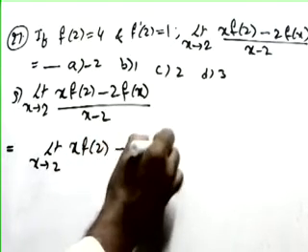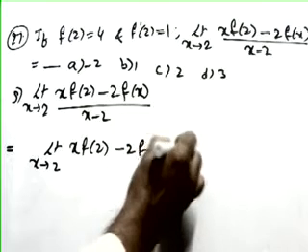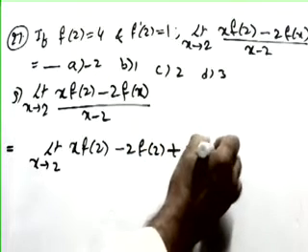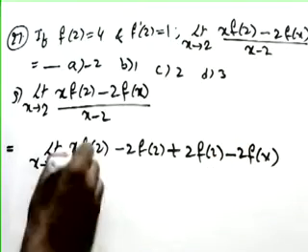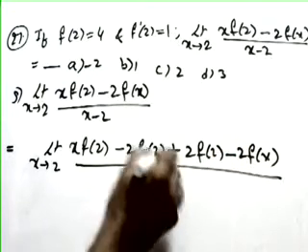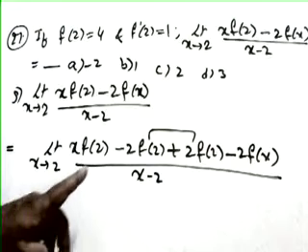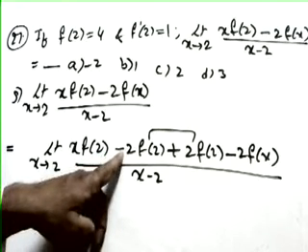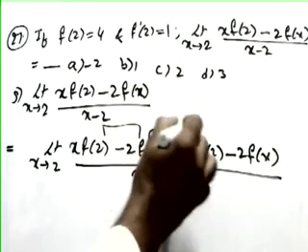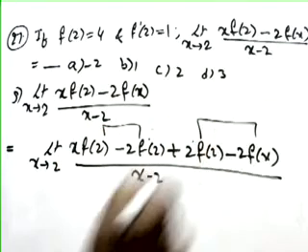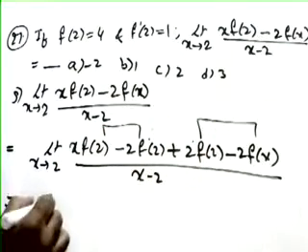So to bring minus f of 2, you subtract 2 f of 2 and you add 2 f of 2. What is left here? Minus 2 f of x divided by x minus 2. What we did to change into the formula: I subtracted and added 2 into f of 2. Why? We can take common from this 2 and we can take common from this 2.